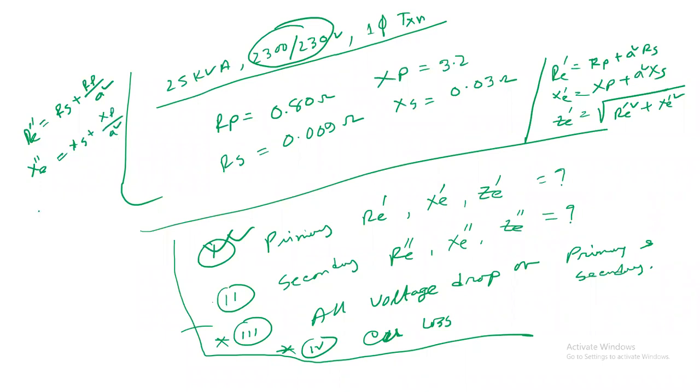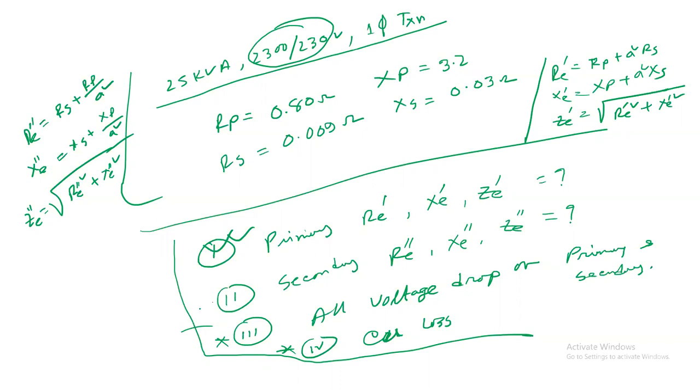Right? So Z double prime is root over RE double prime square plus XE double prime square. At first, find out these three and these three.